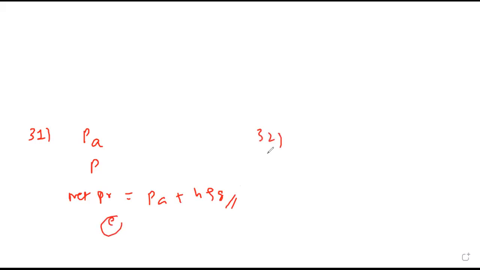32. Three liquids of equal masses are taken in three identical cubical vessels A, B, C. Densities are rho A, rho B, rho C, but rho A is given less than rho B, less than rho C. Mass is same that way.